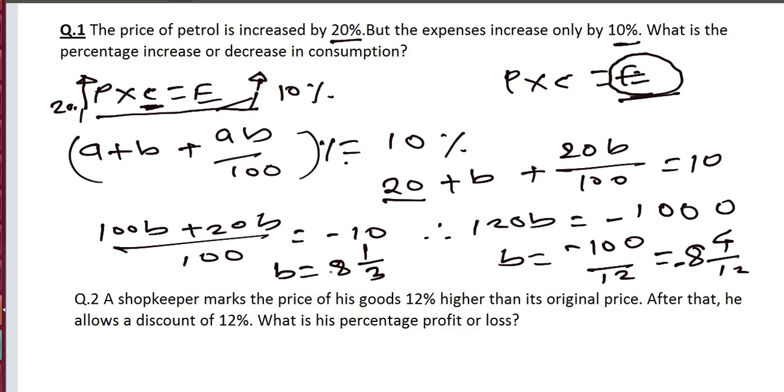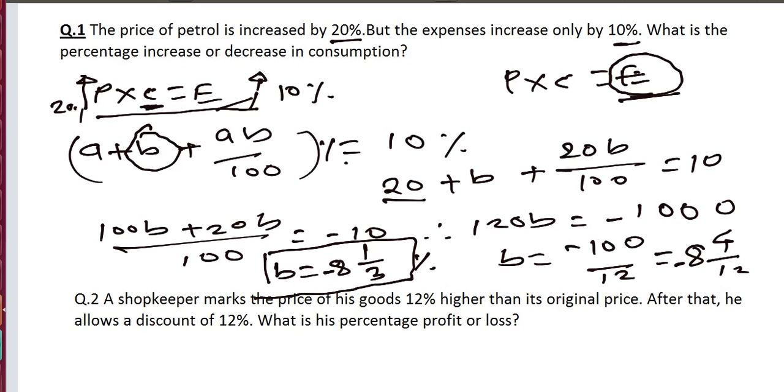So this is the percentage change in B. This negative sign says that B is getting decreased. So consumption is getting decreased by 8.33%. Right? So consumption is getting decreased by 8.33%.